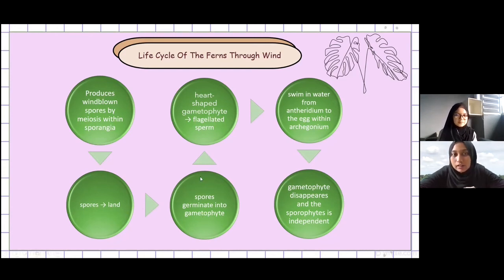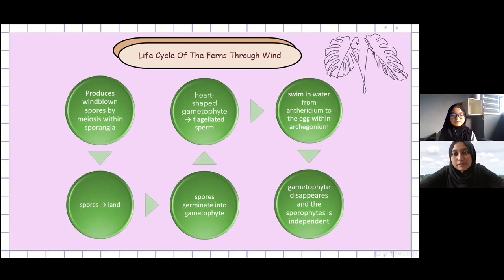It will produce a heart-shaped gametophyte which has a flagellated sperm, and the sperm will swim in the water from the antheridium to the egg within the archegonium. The fertilization will occur here. Then the gametophyte will disappear and the sporophyte is independent. So it will go from haploid to diploid, from N to 2N.